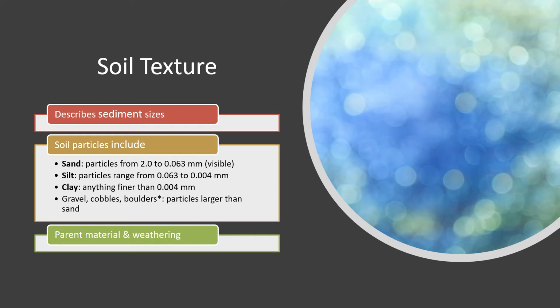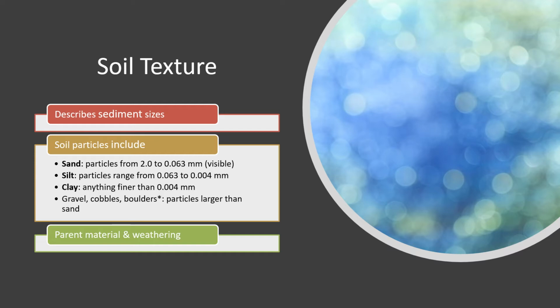So there's sand, which are visible particles that are between 2 and 0.063 millimeters in size. Silt is that mid-range of particles, and then clay, you can't see clay particles. They're very, very small. You need a microscope. So it's anything finer than 0.004 millimeters.